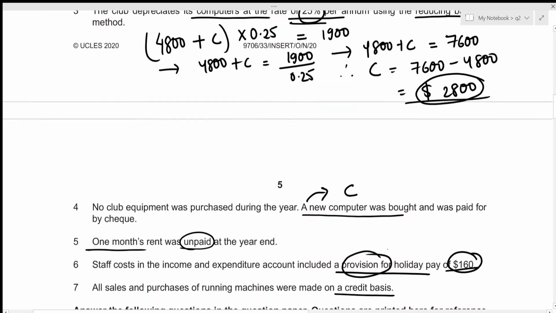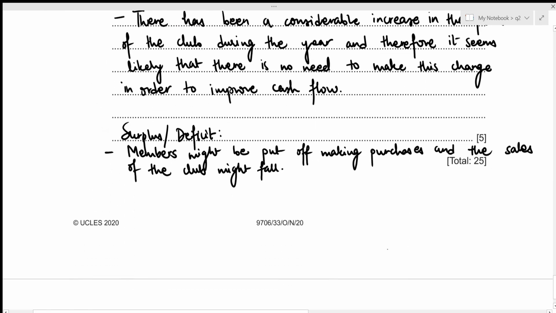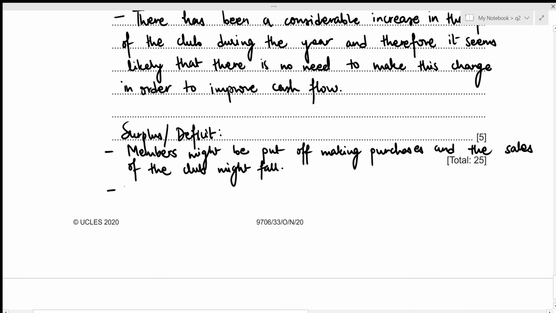Let's write it down. The club is already making a deficit, and this could be increased by the change.